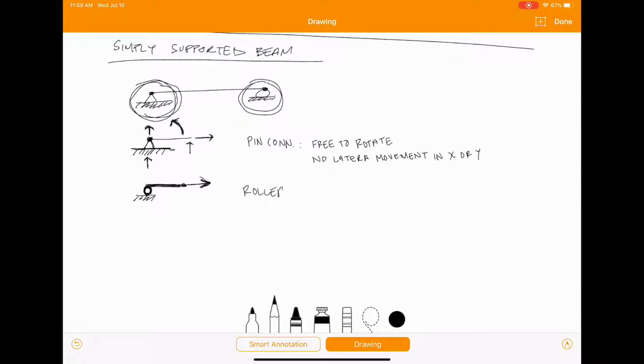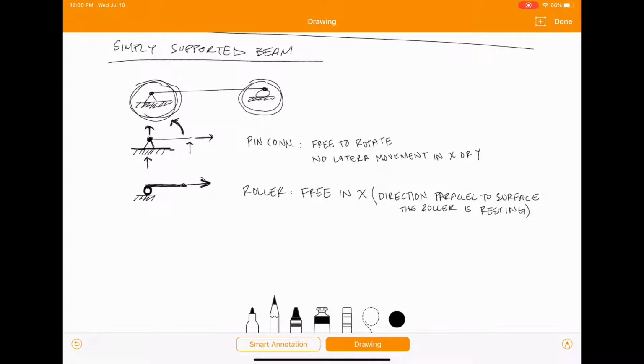the roller connection is free in the X, or more specifically, in the direction parallel to the surface the roller is resting on.